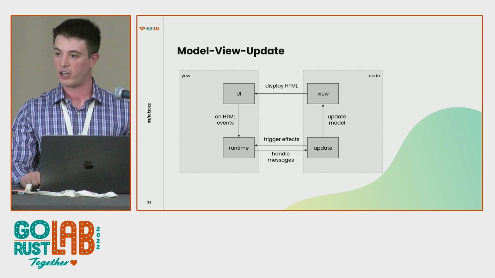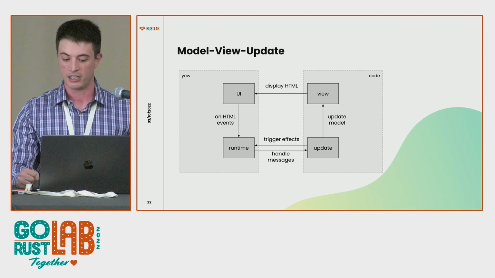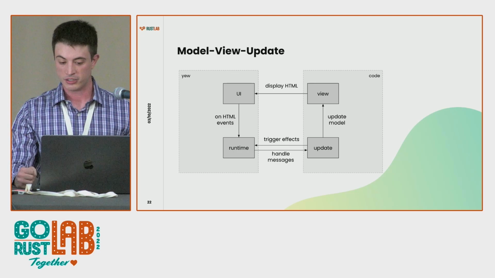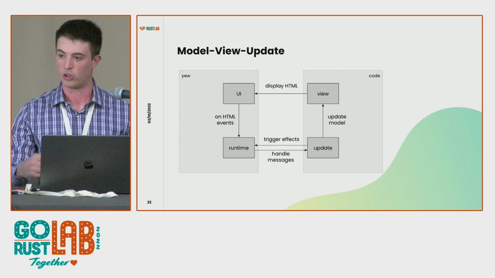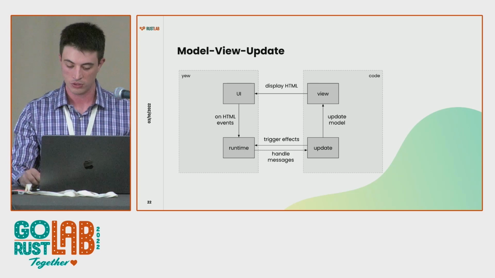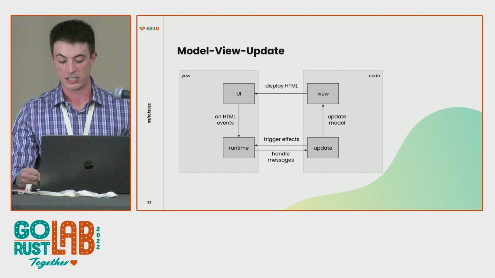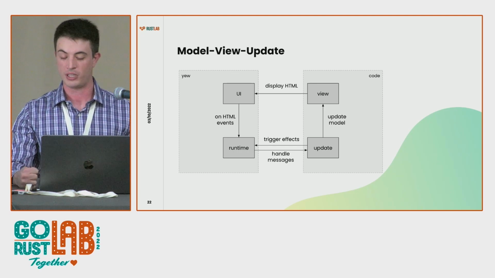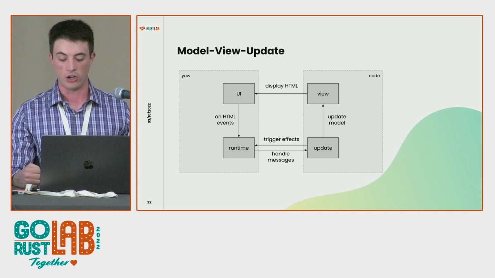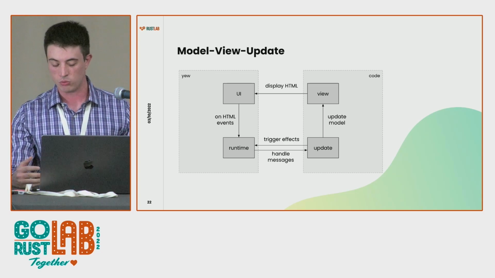The view function is responsible for describing how to convert the state of the component into actual HTML, so what to view of that state. And update is a callback that gets called by the Yew runtime and is used to update the model based on what events happened.